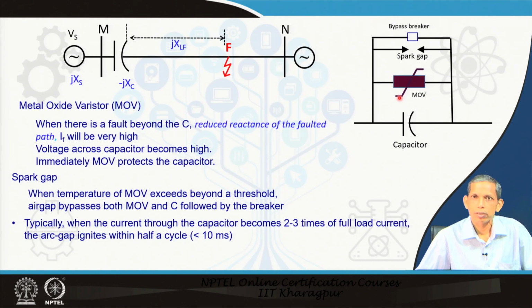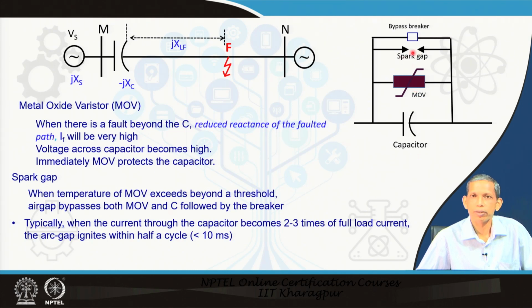These banks of capacitance are protected by, as in the diagram, a metal oxide varistor, MOV, which is a nonlinear resistor. Whenever the voltage across the MOV increases, the resistance becomes significantly low and therefore the current through the MOV becomes high, and this gives a scope to bypass the circuit to which it is connected.